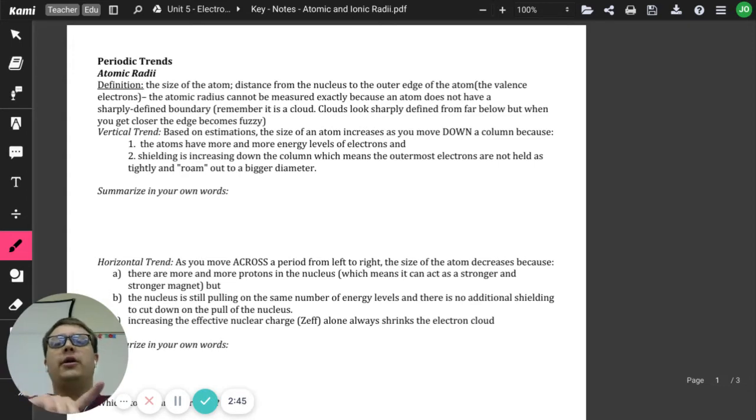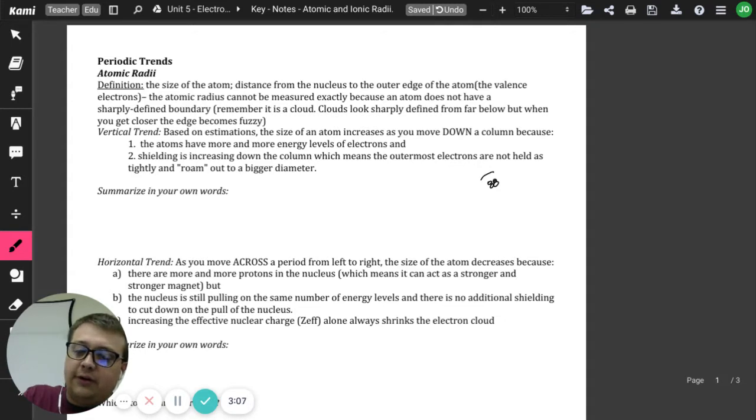So how do I know that as I move down the periodic table, I get a larger size? Well, that all comes down to, as we move down the periodic table, we have more energy levels, right? So you can kind of think of it as these rings, right? And we know that we've got our Bohr model, and that's not perfectly correct, but it does give us a general idea of what's happening.